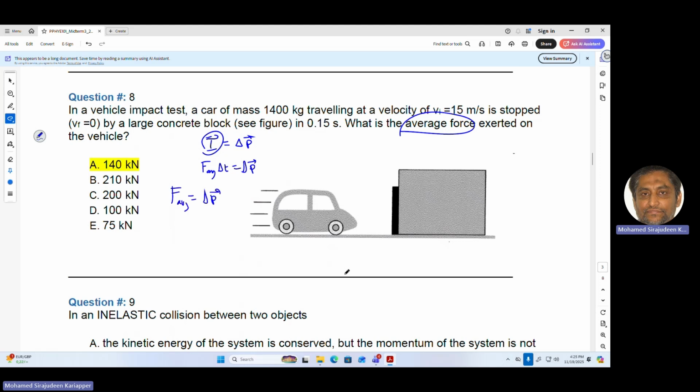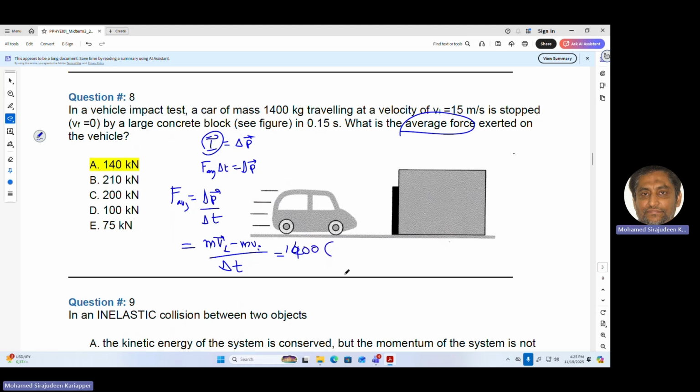Delta P divided by delta T is a matter of just substitution, and find the answer. So this is M V final minus M V initial, divided by delta T. So I can take the M out. It is the same M. How much is that? 1,400.